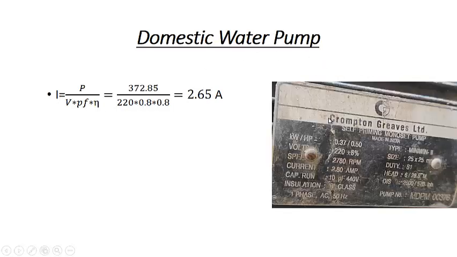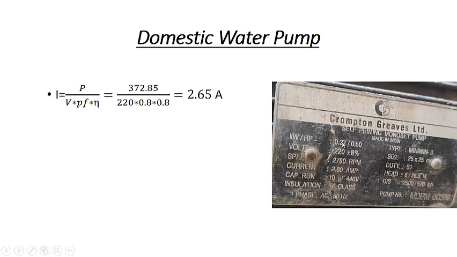And now the domestic water pump. You can see its nameplate rating is like this. It is usually given in horsepower, and this power is at its output, that is at its shaft. So it has to be first converted to kilowatts. It is already done here, taken to be 0.37 kilowatt.